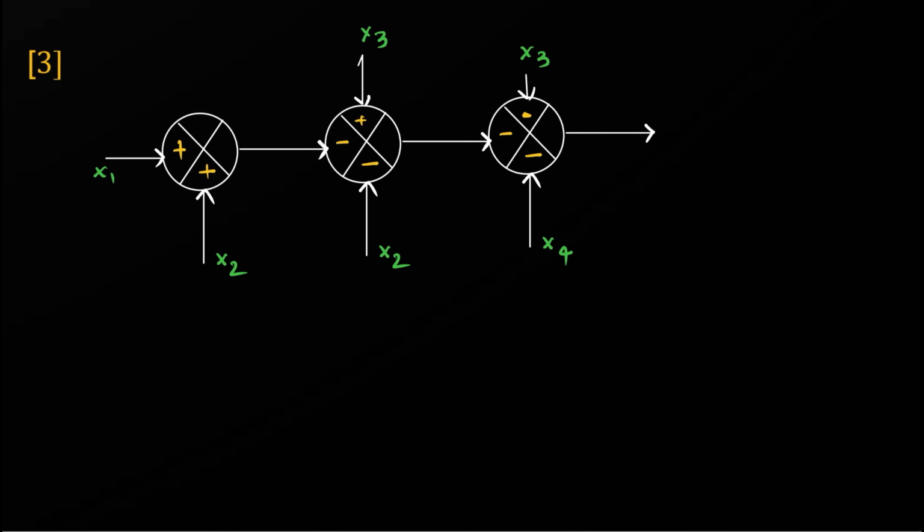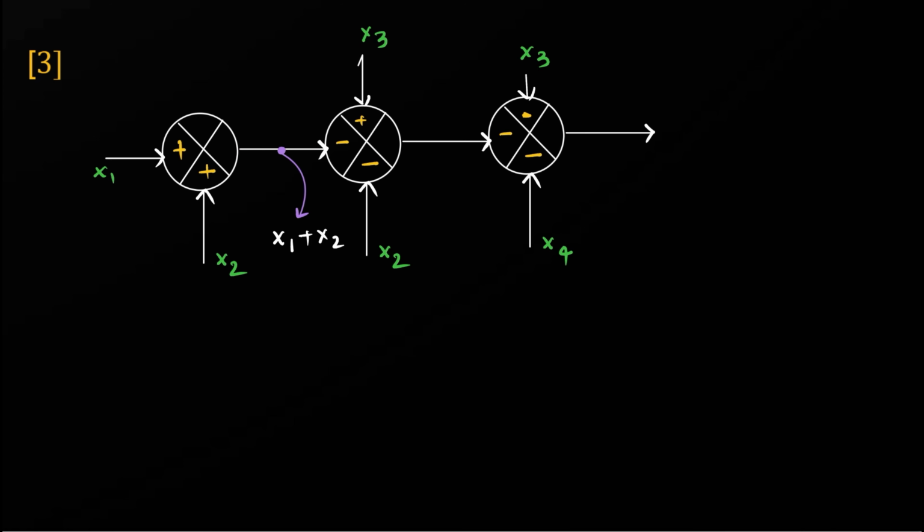First we will find what we are getting here: x1 plus x2. Now this x1 plus x2 is fed as input to the next summer block, where x3 is getting added and x2 is getting subtracted.